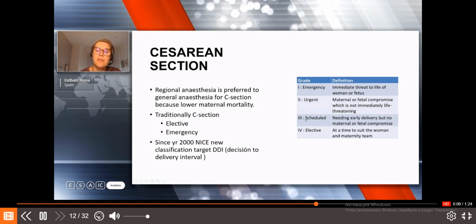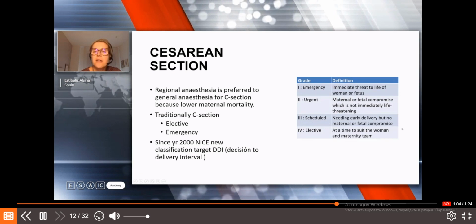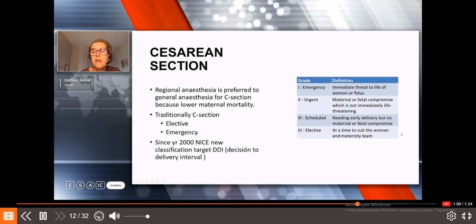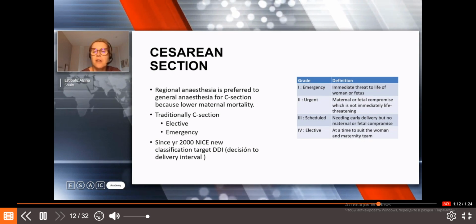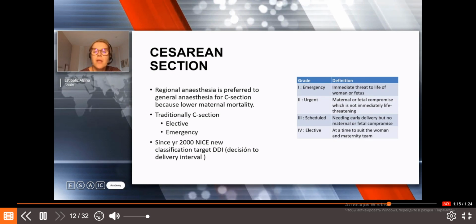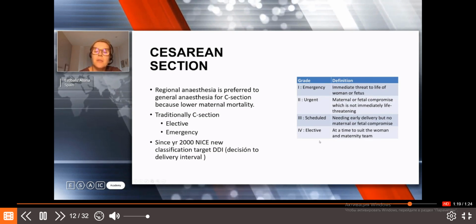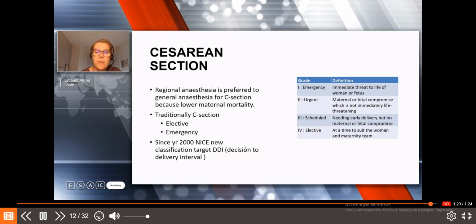Grade 3 is a cesarean where we don't see any maternal or fetal compromise, but it's needed. And grade 4 is an elective cesarean, like a repeat cesarean or whatever.